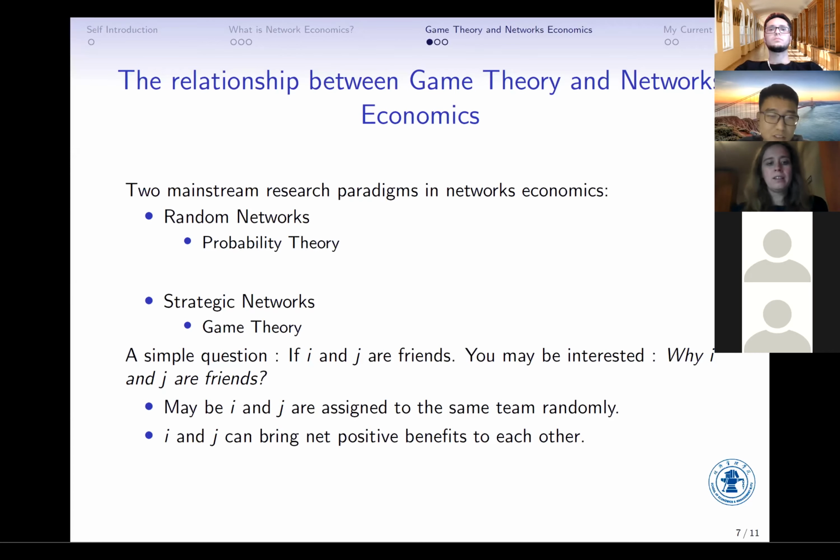And another explanation is that I and J can bring net positive benefits to each other. I can bring positive utility to J, and so does J. So they decide to make friends.